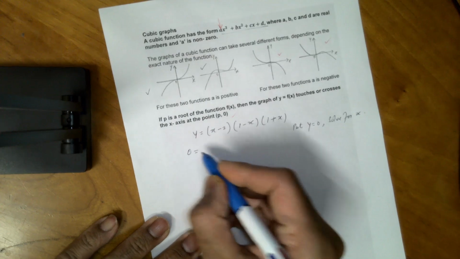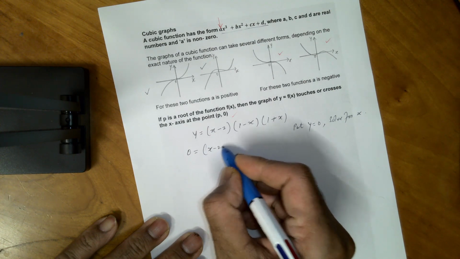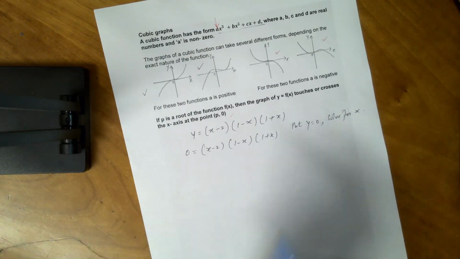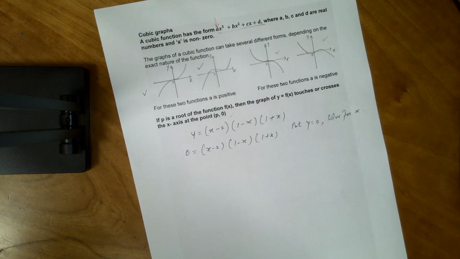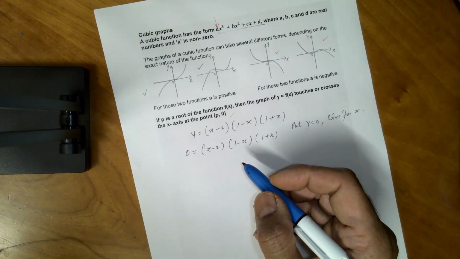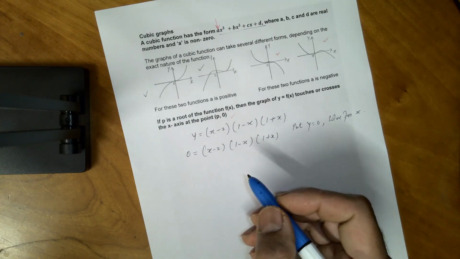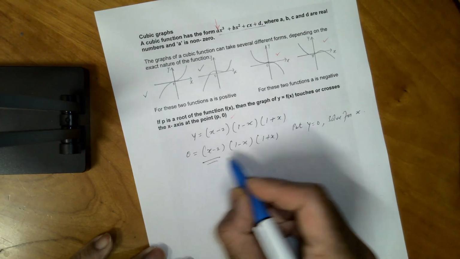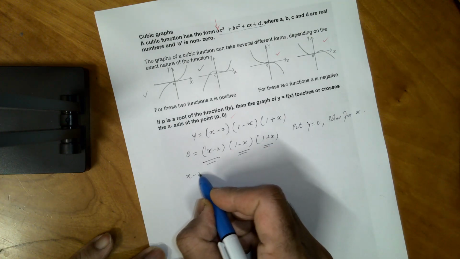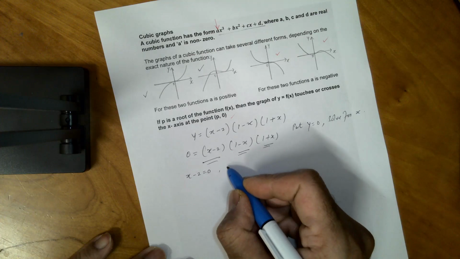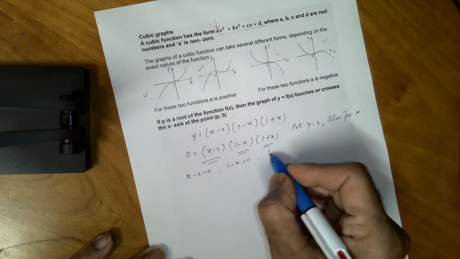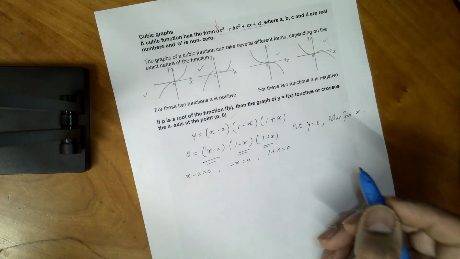So you can write x minus 2 equals 0, 1 minus x equals 0, and 1 plus x equals 0.